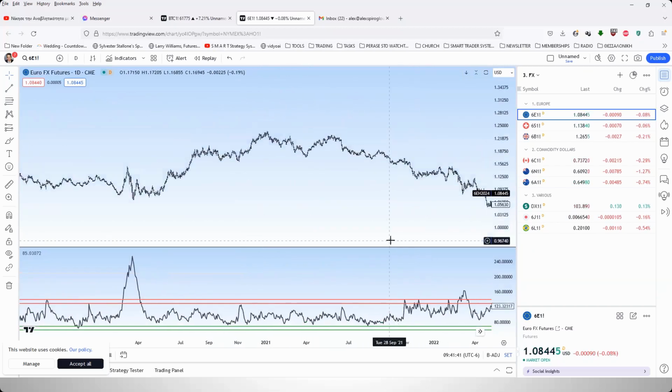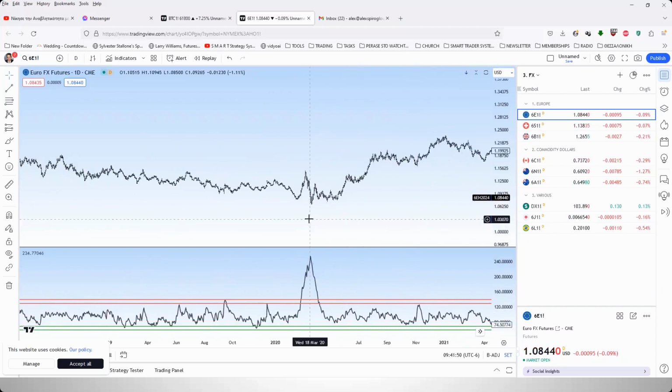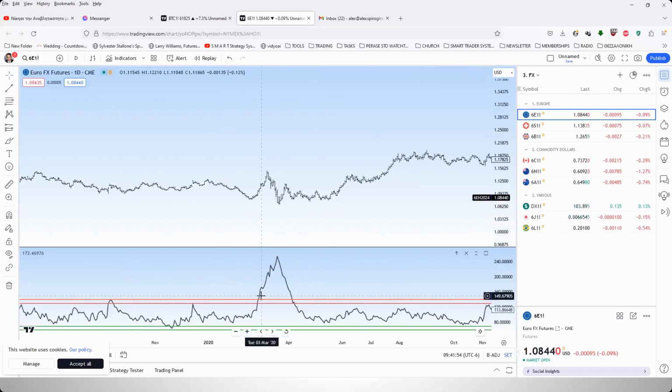Let's see some more examples. All right. Again, volatility valuation here, top; here, top; here, the bottom. But as you can see, because this is an unbounded indicator, as soon as you go into the area of extreme volatility, it doesn't mean that you have to sell short or buy, because you can see it can stay there for a prolonged period of time.